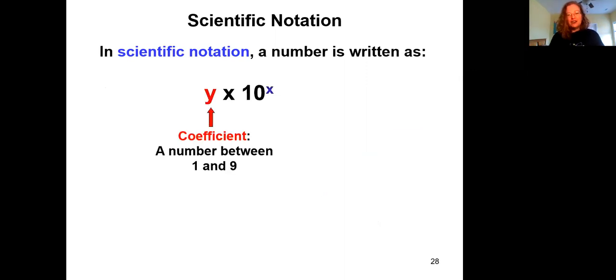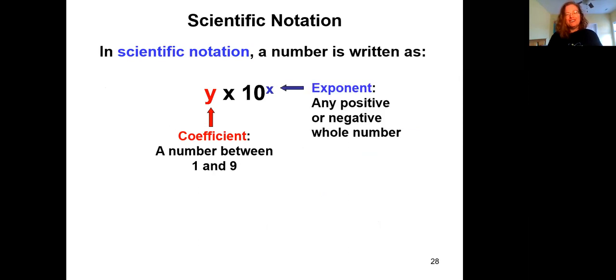The coefficient is a number between 1 and 9. Sorry, I was saying that wrong. It can't be 12 or 569. It has to be just one digit before the decimal, but it could then be 1.29 or 1.12.